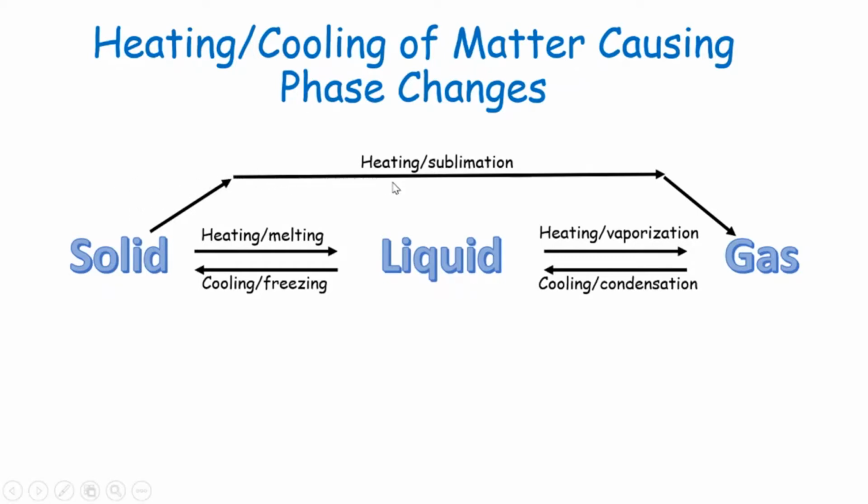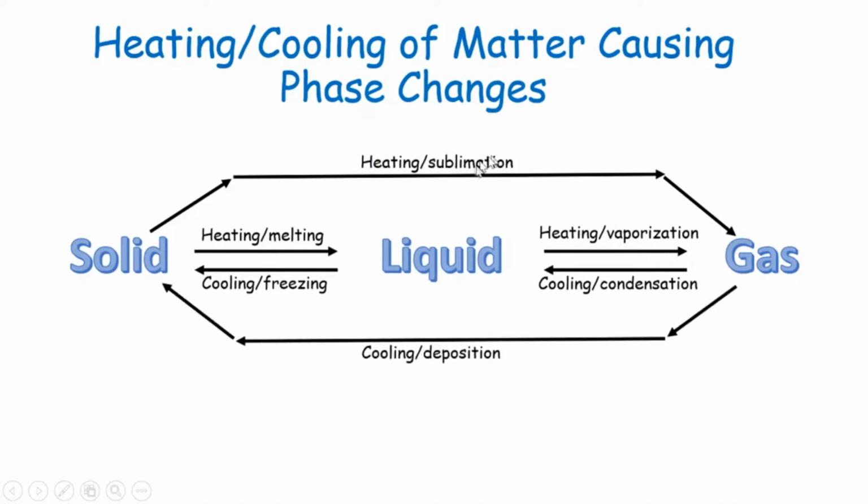If you place dry ice inside our classroom or in a lab, we will not see liquid CO2. Instead, we'll see gaseous CO2. Therefore, that process is called sublimation. And the reverse process of sublimation is called deposition, from gas to solid by cooling.